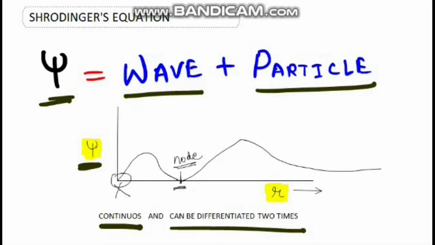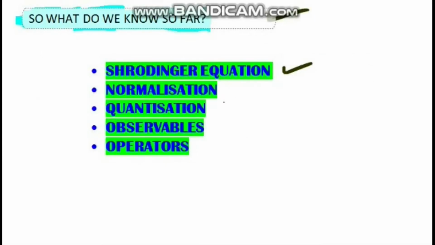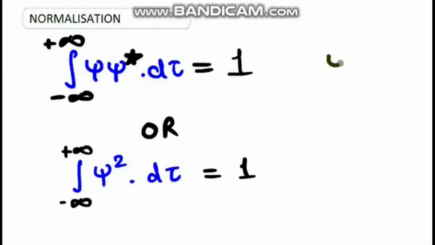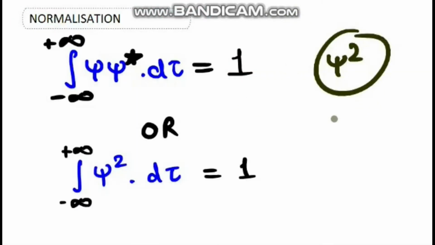Moving on, we also learnt about normalization. What is normalization? We use psi square as a measure of intensity, or you might say the probability of a particle to be found at a particular place.